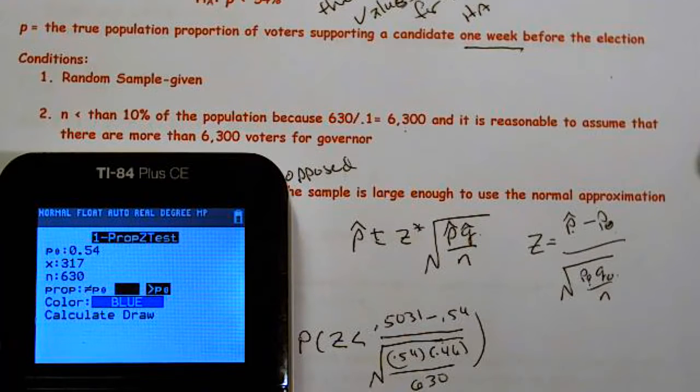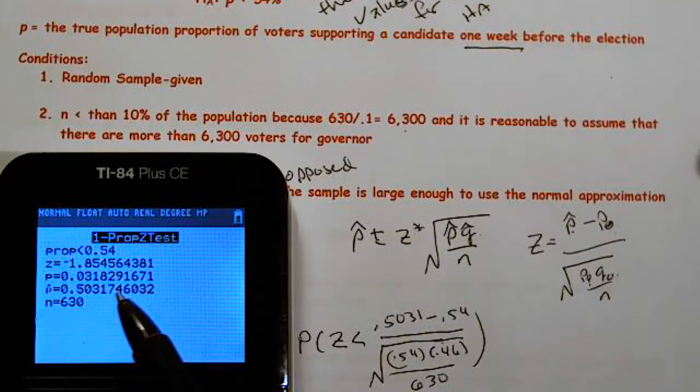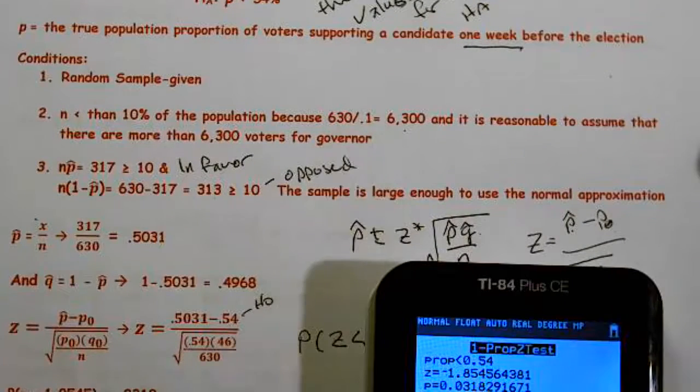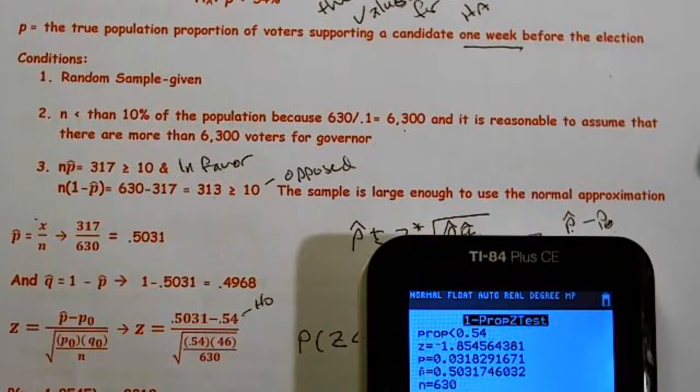We want to know whether there was a decrease, so make sure that one is highlighted. I get 0.0318 with a Z of negative 1.854. So the probability that Z is less than negative 1.854 is 0.0318.